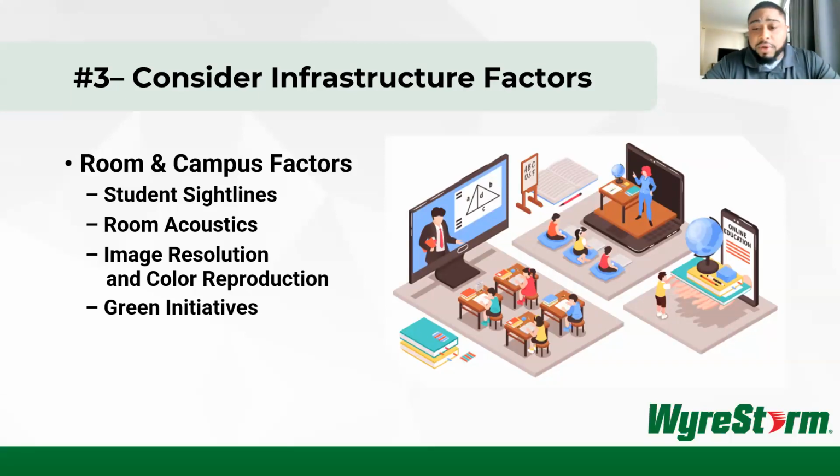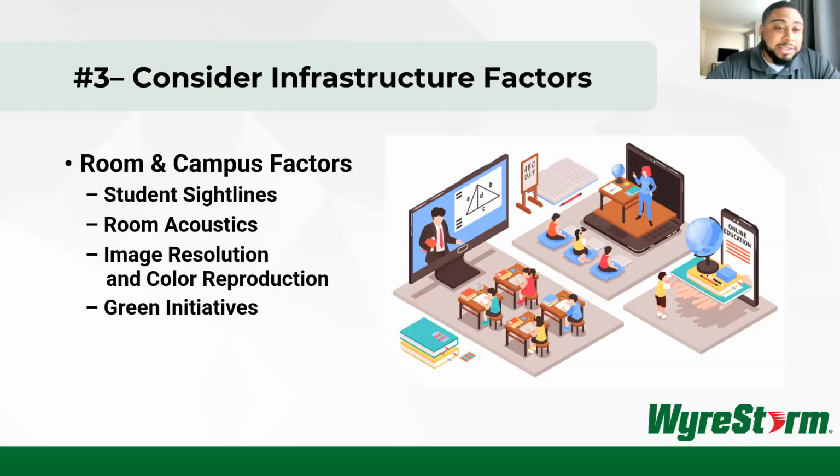That could be, for example, using manufacturers that pay more attention to their packaging, using manufacturers that don't have a bunch of single-use plastic inserts when it comes to cables and things like that. It could be using laser projection so that you don't have to worry about disposal of bulbs. It could be laser projection, again, based on energy usage, right? So again, consider those things in infrastructure.